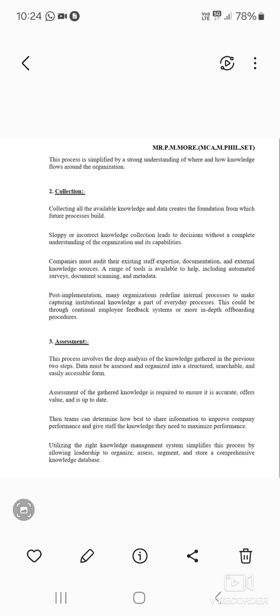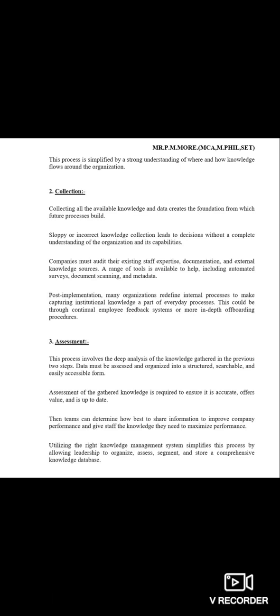A range of tools is available to help, including automated surveys, document scanning, and metadata. Post implementation, many organizations redefine internal processes to make capturing institutional knowledge a part of everyday process. This could be through a continual employee feedback system or more in-depth offboarding procedures.